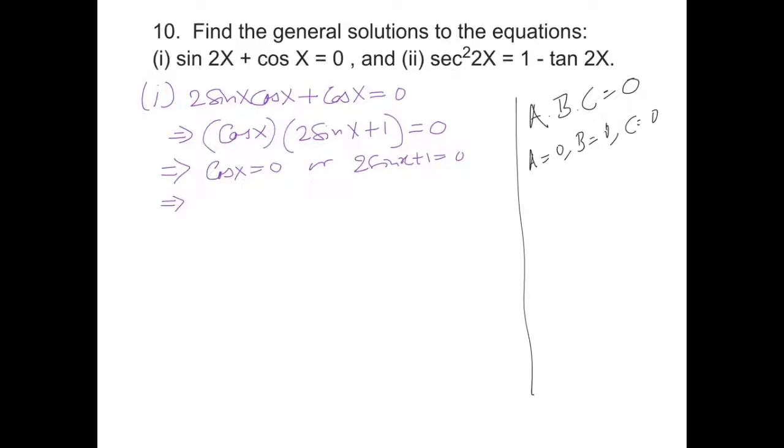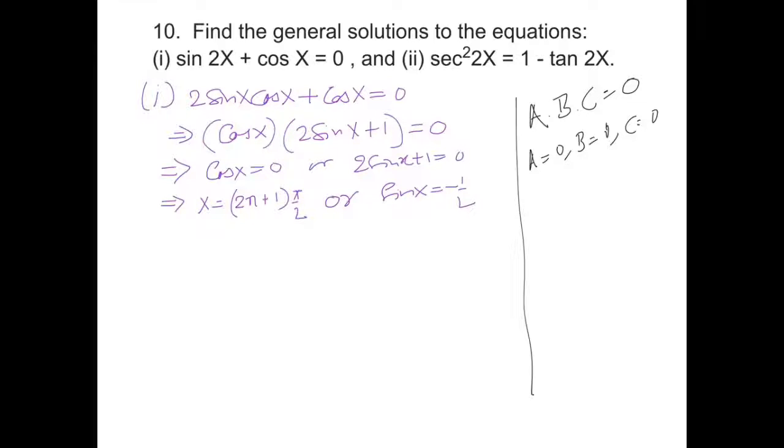And this implies that when cos x equals 0, then we know that x must be an odd integer multiple of pi by 2, that is 2n plus 1 times pi by 2, where n is an integer, and 2 sine x plus 1 equals 0 implies sine x equals minus 1 by 2. Let us now try to write this second equation as sine x equals sine y, where y is a particular solution.